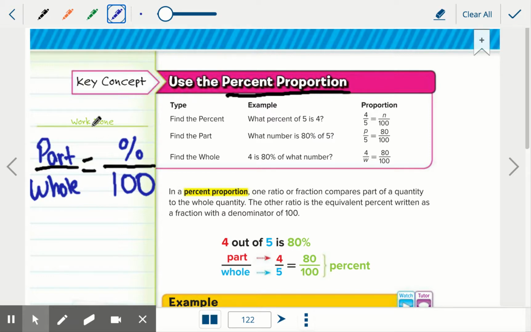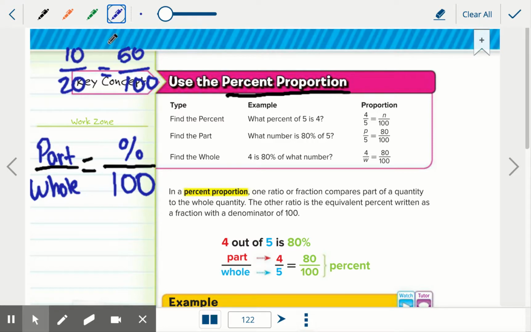So for instance, 10 out of 20 is 50% out of 100, correct? And so if I were to tell you, hey, find 50% of 20, you'd get 10.